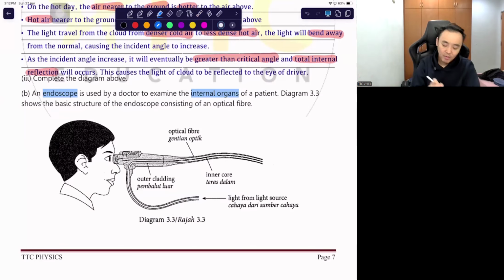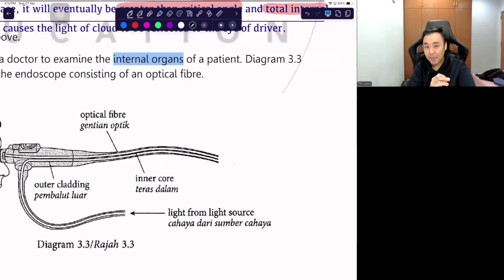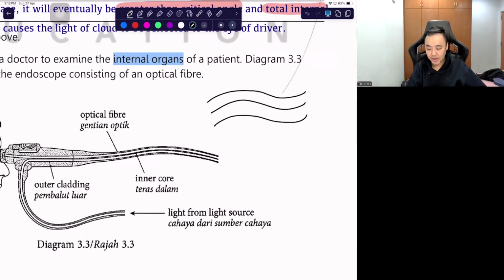Now, inside the endoscope is this thing called optic fiber. This is an application of optic fiber. You know how optic fiber works? First of all, optic fiber is a transparent material. The special thing about this optic fiber is that it has two different layers. One layer inside, and another layer outside like this.